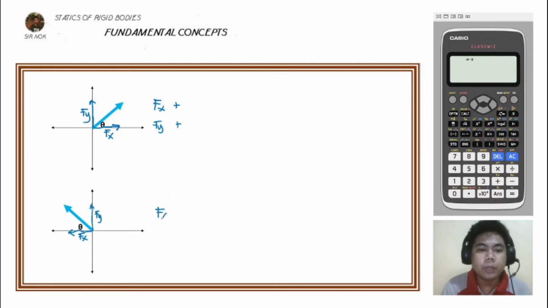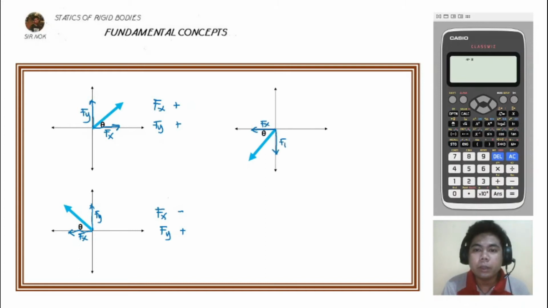So x component is negative, y component is positive. For the third quadrant, the x component is to the left and the y component is downward. So the x component is negative, y component is also negative.